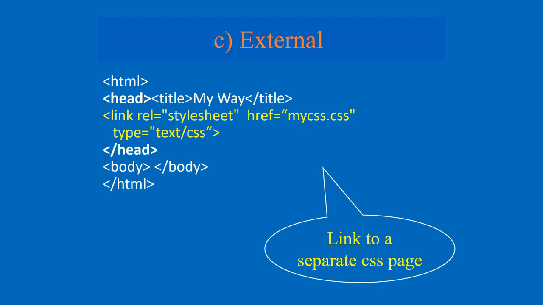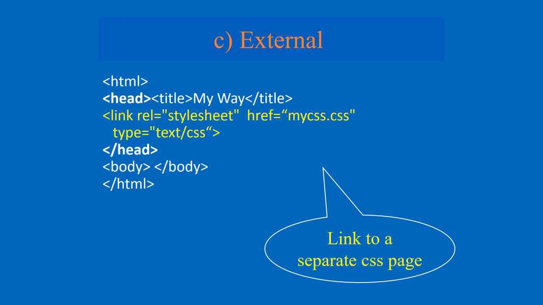That CSS file we have to link with your page, and you can link it to any number of pages. For the linking purpose there is a syntax, link, and you have to keep in mind that it should be after the opening of the head and before the closing of the head section only. So how to link: link, angle bracket, rel equal to stylesheet, inside the double quotes, then a space and href, the hyperlink for your file.